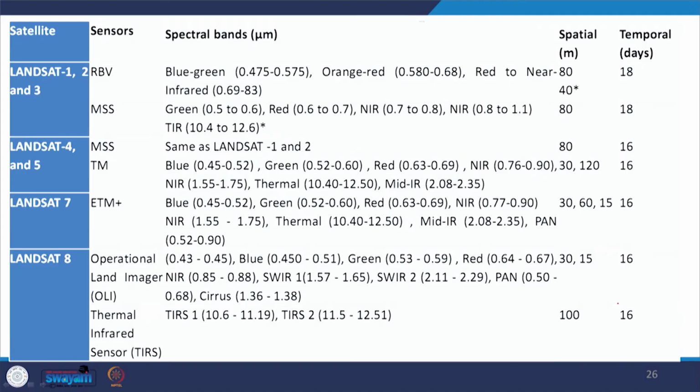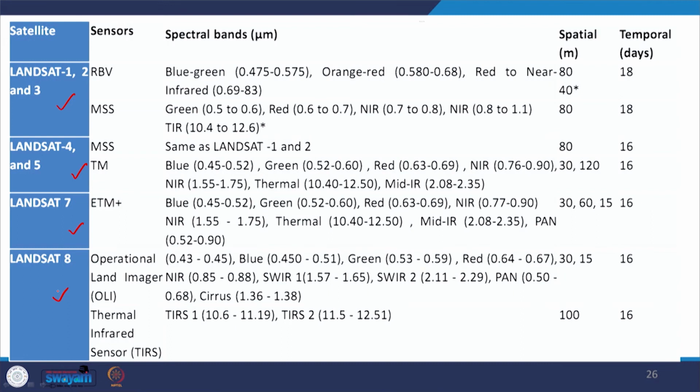I will show you the image here and the different bands. If you see this particular table, it summarizes the type of sensors and the type of data which we are getting from the various Landsat series. The first column shows the different Landsat series which were launched with some modifications.